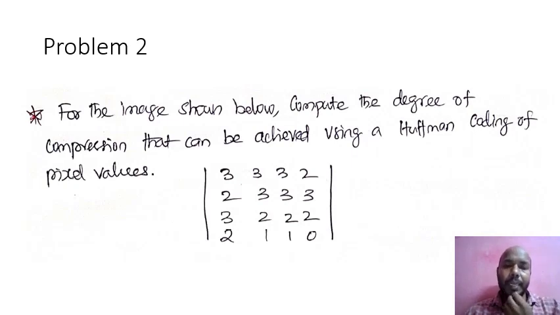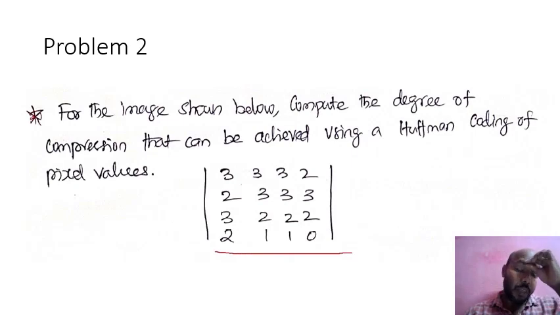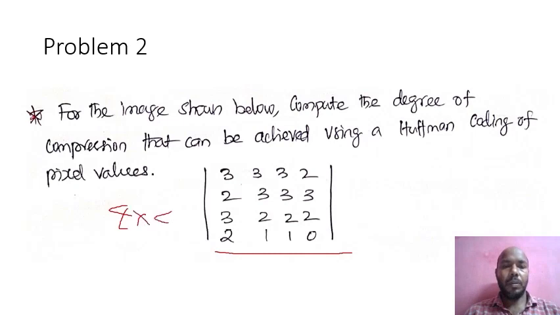They mention that an image is given, and if you see, the image is nothing but a matrix. The image pixel values are given as a matrix. What is the size of the image? It is 4 cross 4.